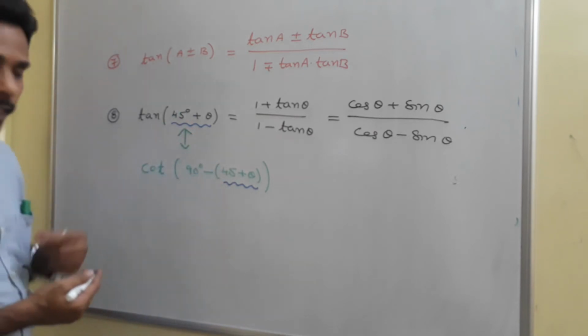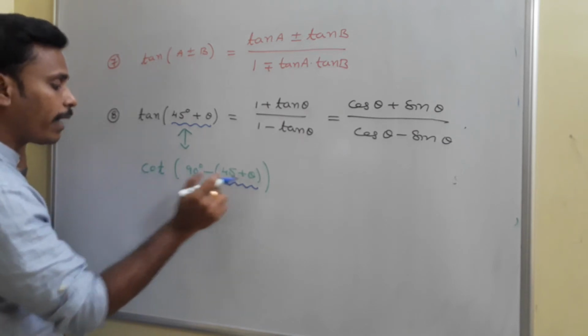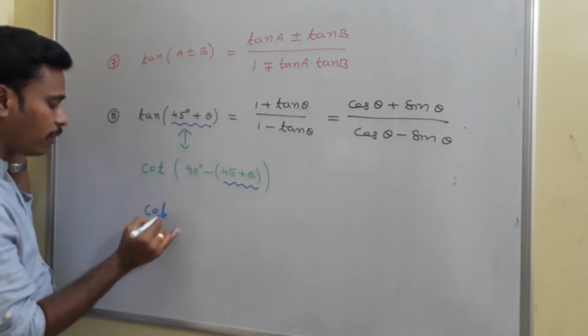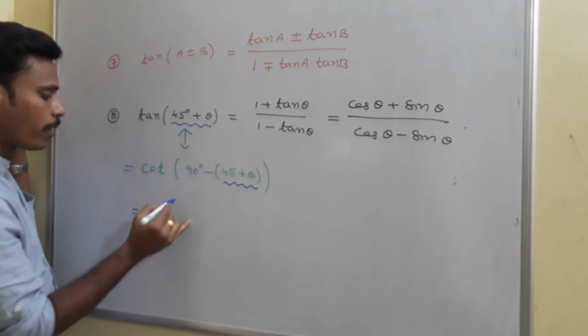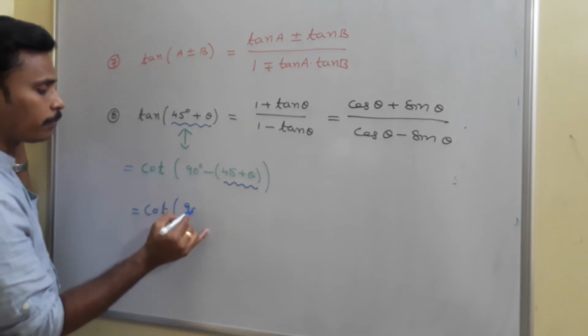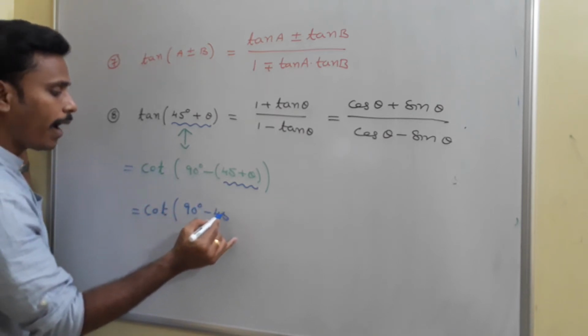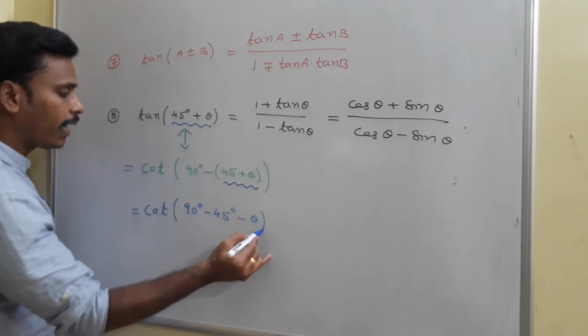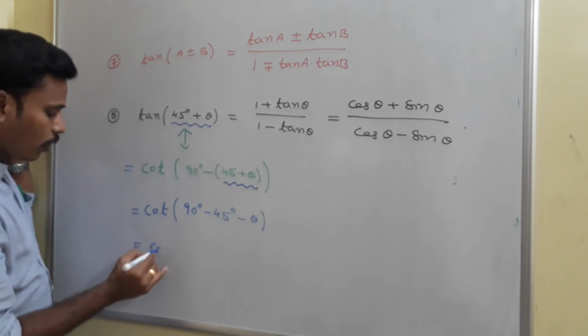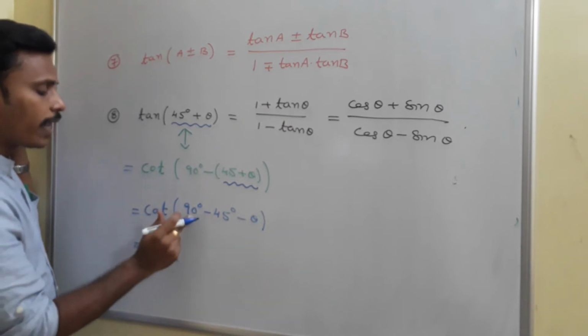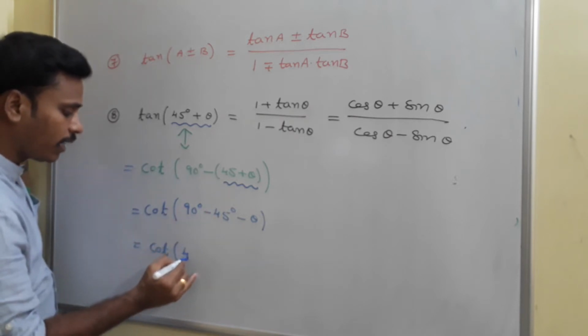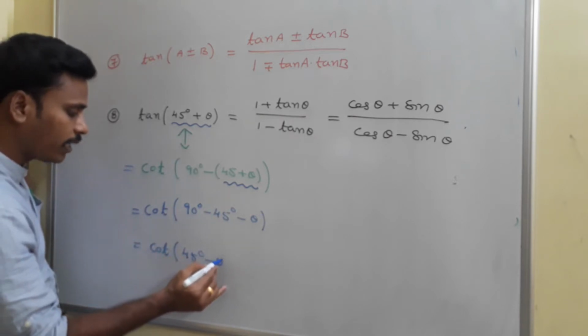is just tan alpha. So this tan of 45 plus theta can be written as cot of 90 minus (45 plus theta). And this is equal to cot of, you just split it, 90 degrees minus 45 degrees minus theta. And this is equal to cot of 45 degrees minus theta, since 90 degrees minus 45 degrees is 45 degrees.